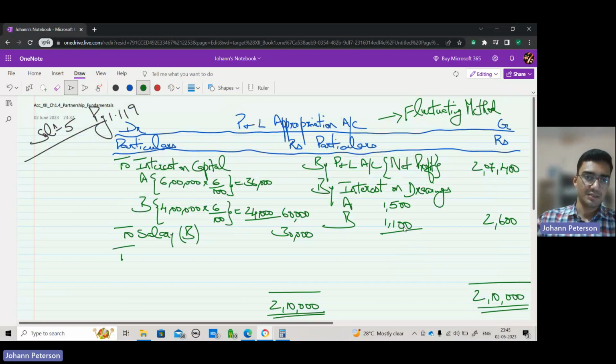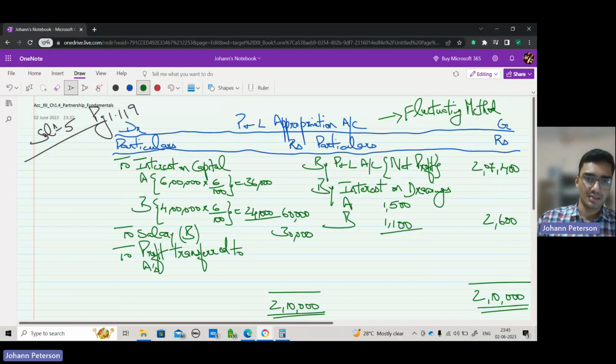Now the balancing figure is going to be left on the debit side, so it's going to be called to profit transferred to who are the partners?